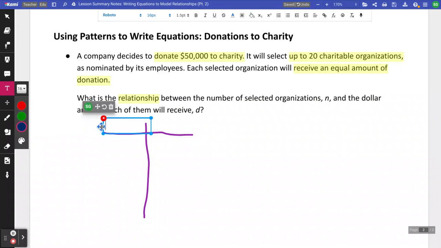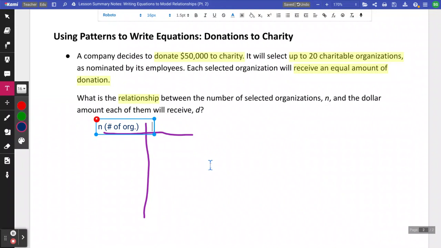My first column is going to be talking about the number of organizations they're donating to. So I could just write N here, but I'm going to also define it just so I don't forget. N is going to be the number of organizations.